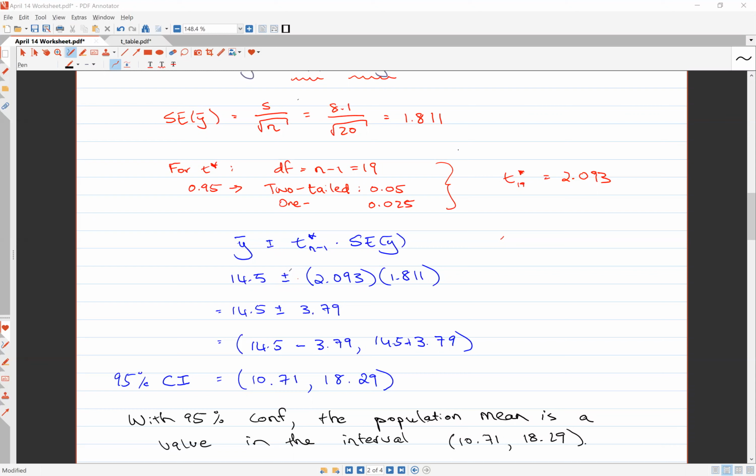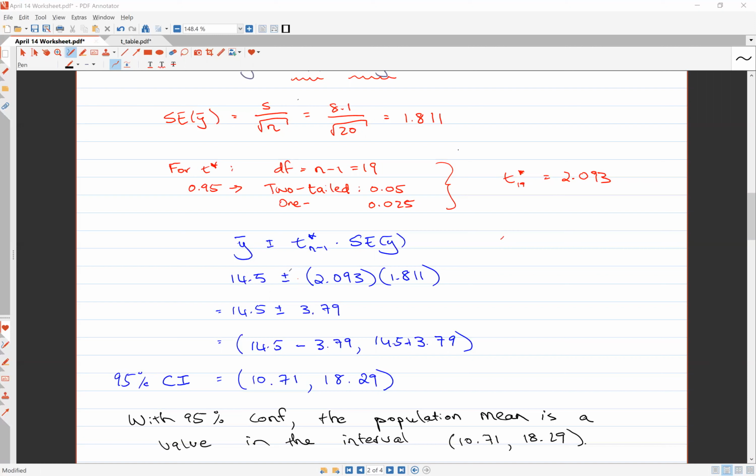So it's trying to figure out if we could see the whole population distribution, where is the mean of that population? So it's not informative about what typical values look like for individuals that we sample from the population. It's making a statement about the center of the population overall.